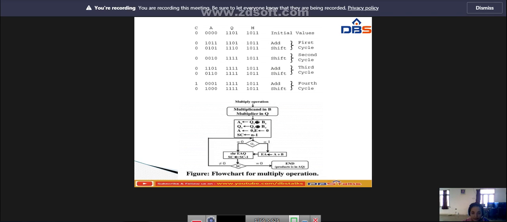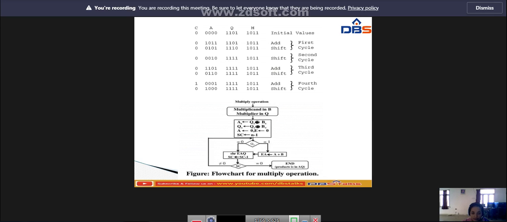If it equals 0, the SC, the sequence counter, is checked. When it is not equal to 0, the process moves again and the repetition occurs.